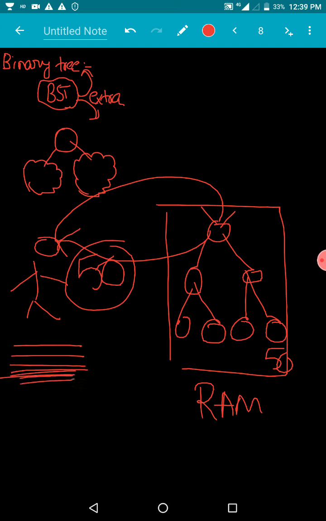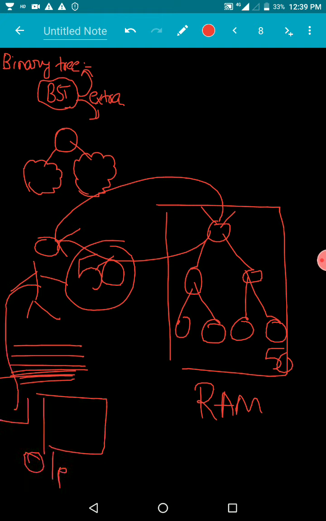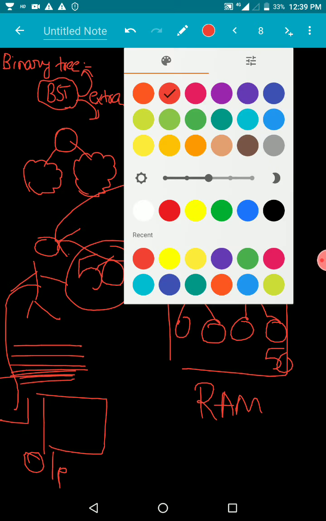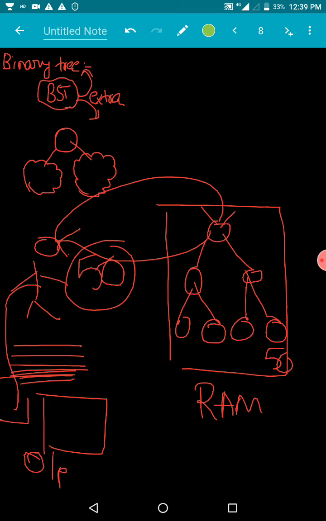If it is matched, then the CPU control goes to the output console. If it is not matched, then the CPU generates the next location address, which is always here, brings its value into the CPU and compares. If it is not matched, then the next address will be here.